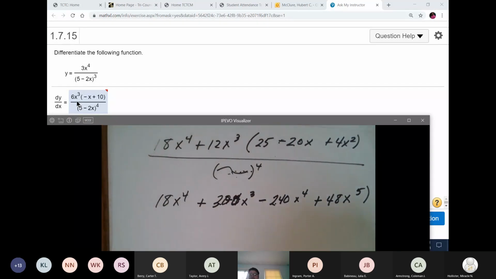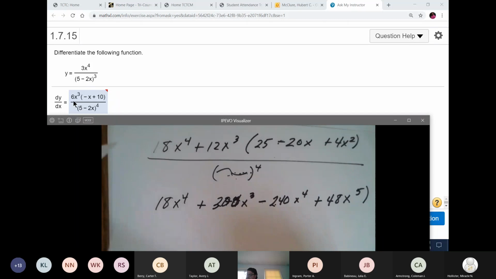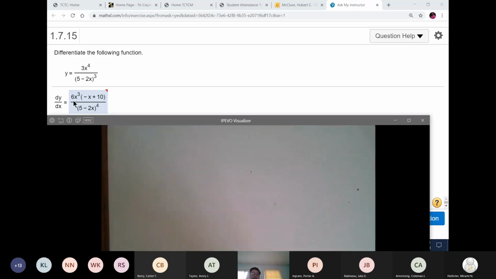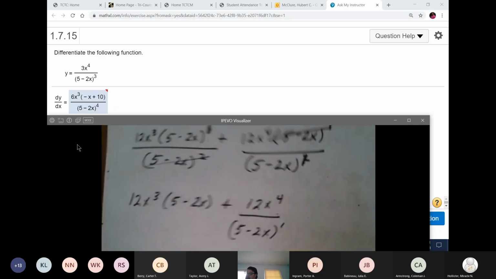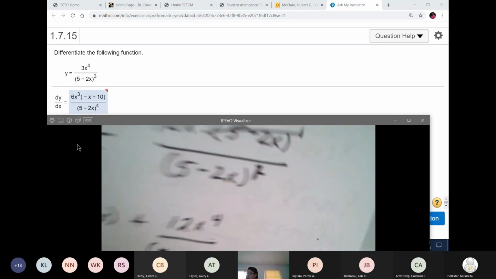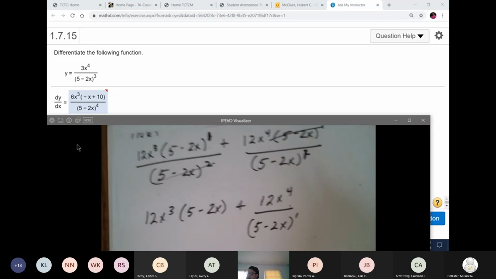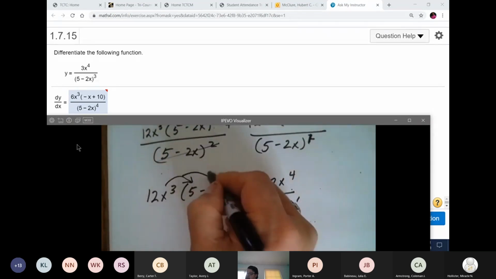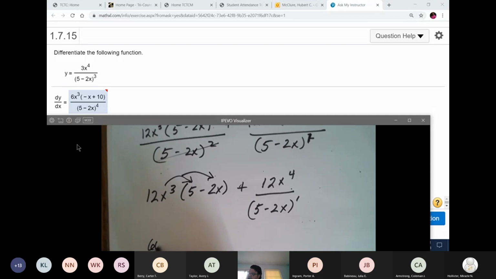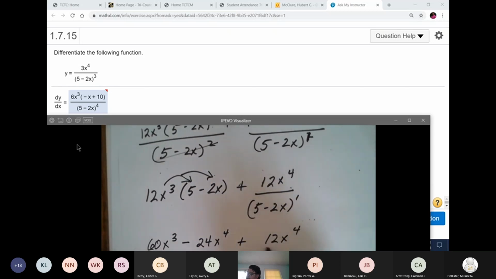So let's go back to the quotient rule and see if I finish it out, what am I going to get? So here's the quotient rule, and that's going to give me 60x to the third minus 24x to the fourth plus 12x to the fourth over 5 minus 2x to the first.